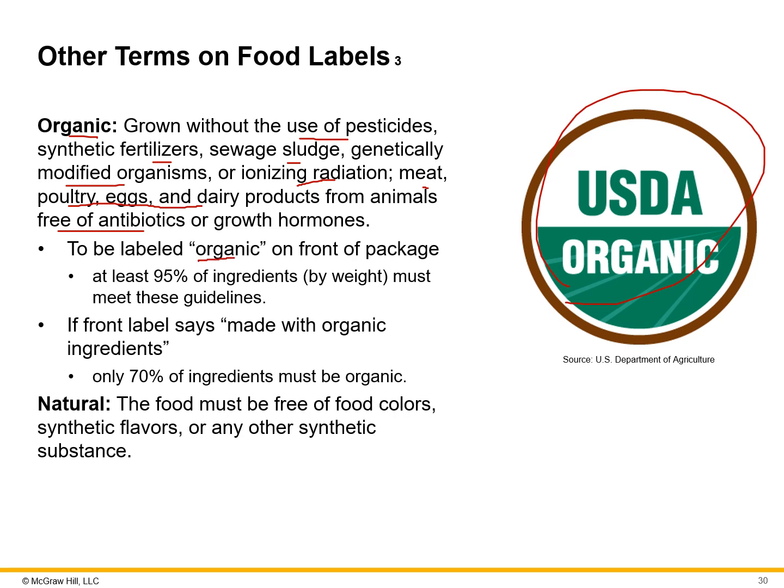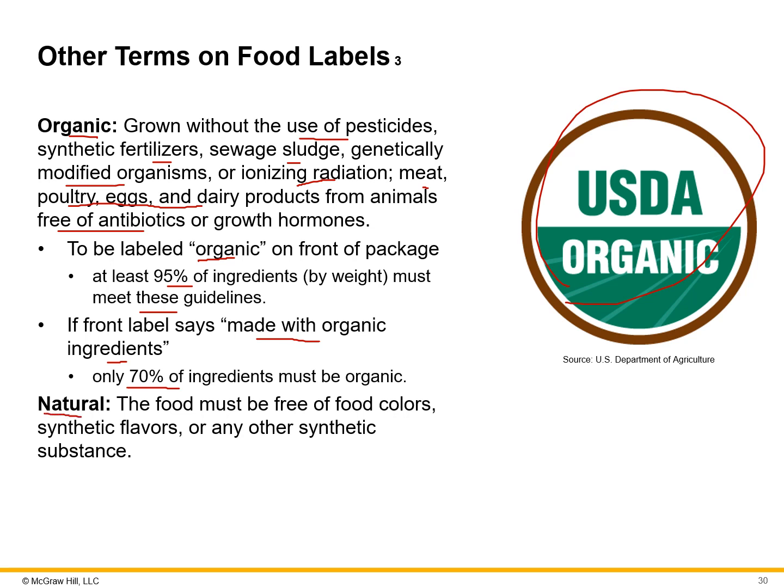At least 95% of the ingredients must meet those guidelines by weight. So if it's labeled organic, it's 95% by weight. Otherwise, it'll say made with organic ingredients, indicating it has about 70% that are organic.